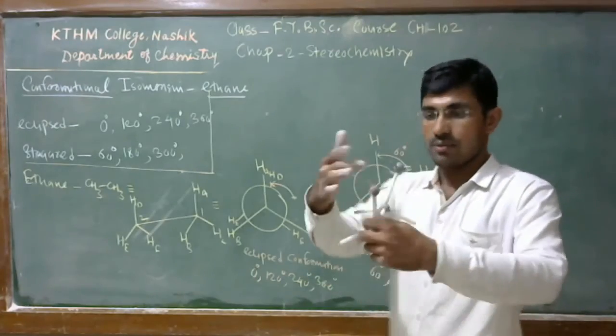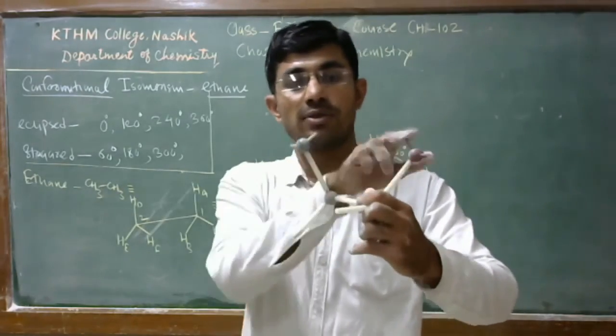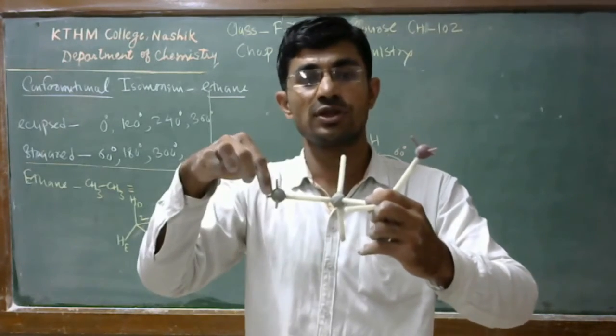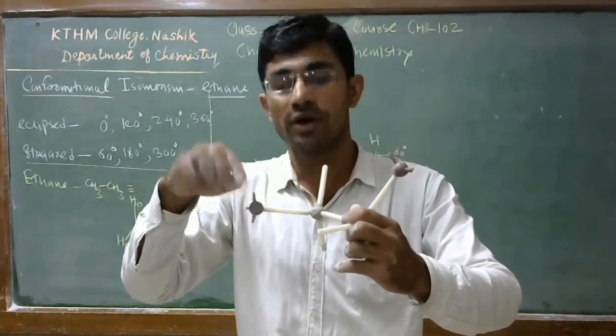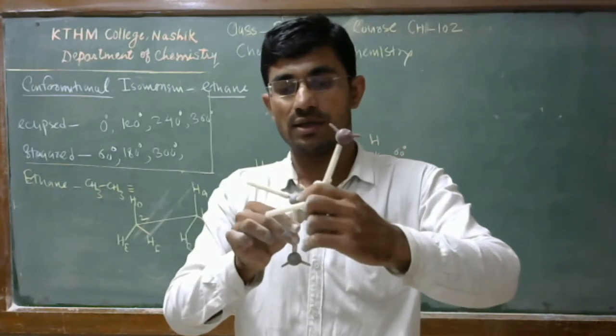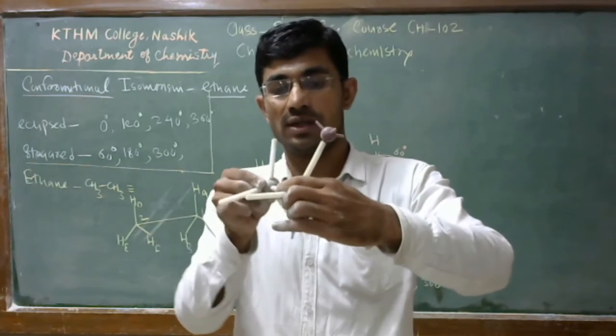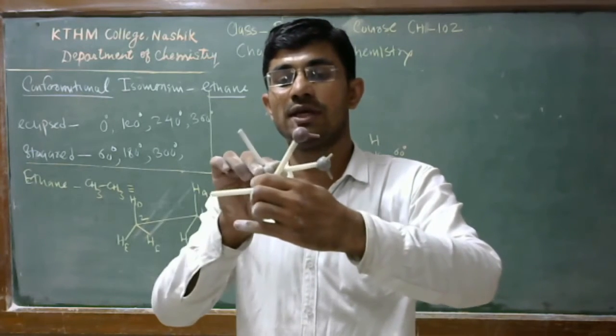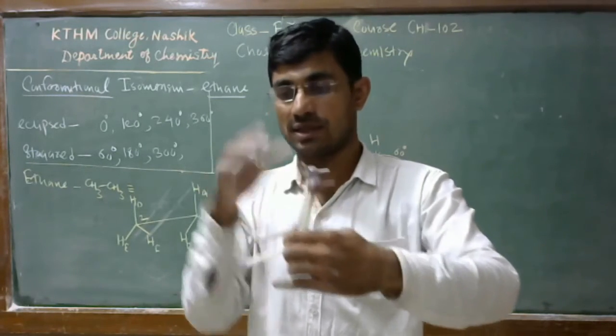So here dihedral angle is 0. After this it becomes 60. Then again from this to this dihedral angle is 120. Then again 180. Then 240. Then 300 and again 360 like that.